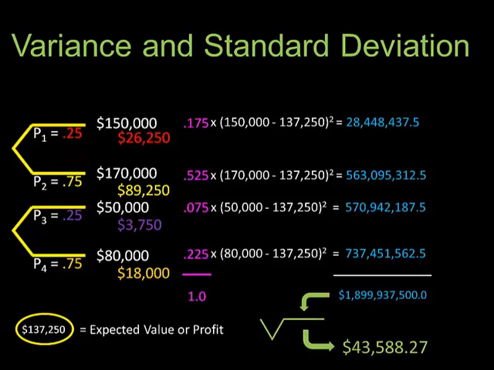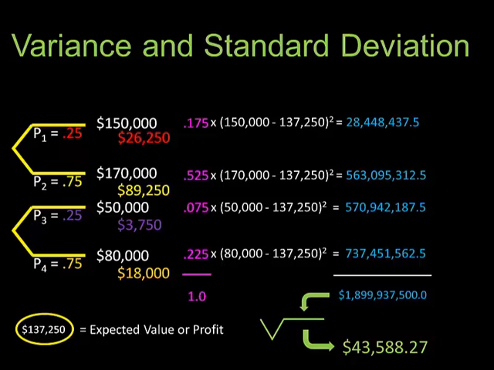So the standard deviation under this particular scenario, with the high and low profit, the chances of those profits, and also the additional probability of the Affordable Care Act impacting this, you end up with a standard deviation of $43,588.27.